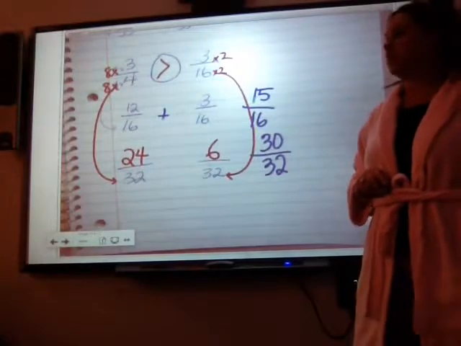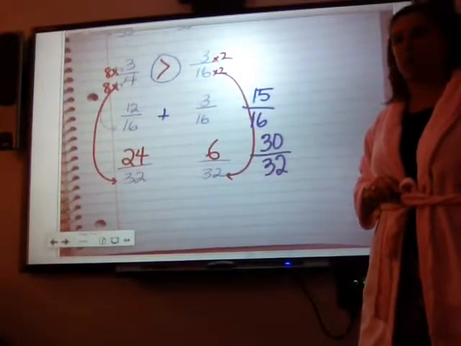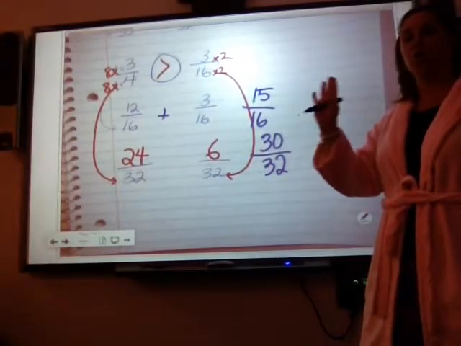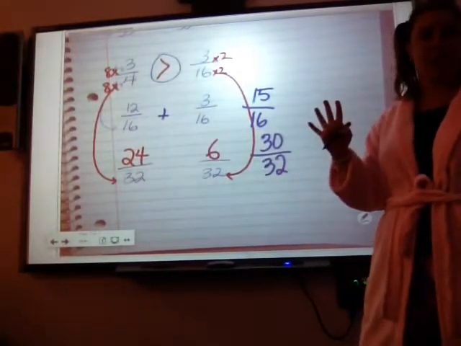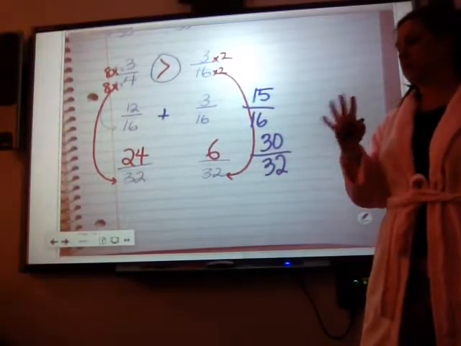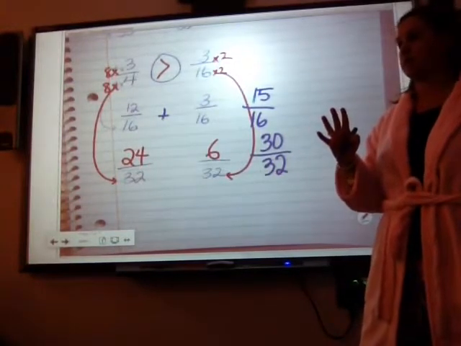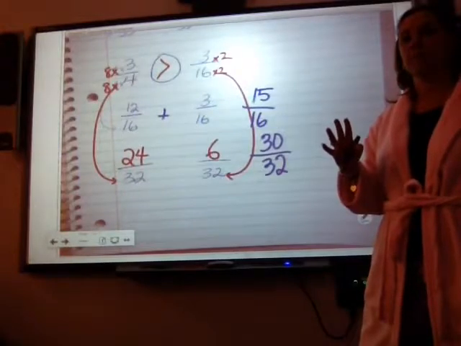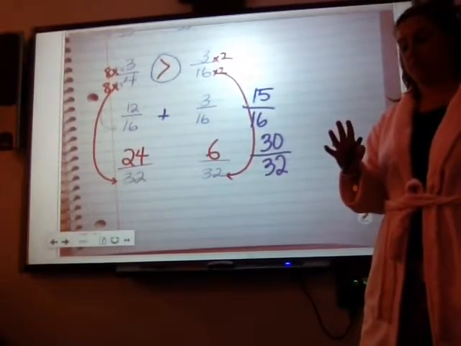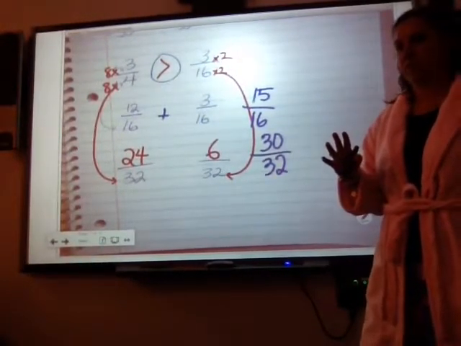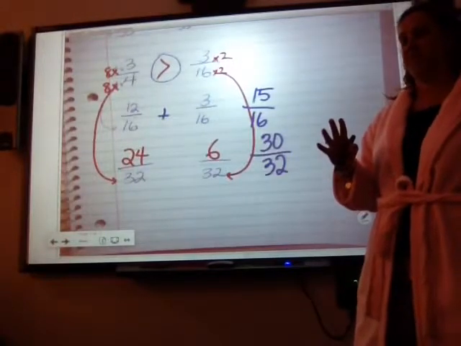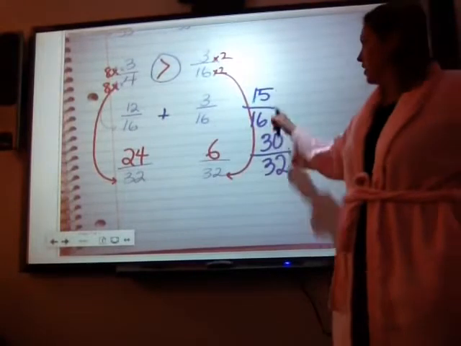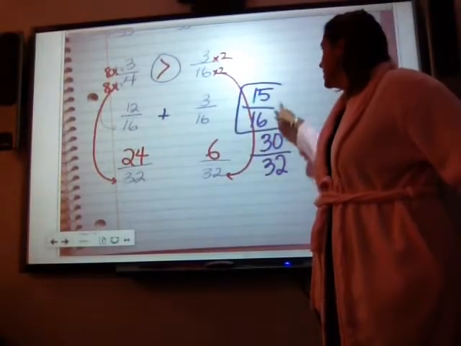One of those is in simplest form. One of those is not. Using my 4 rules we talked about Friday, one of them is in simplest form and one of them is not. Gracie May, what do you think? 15 16th is in simplest form.